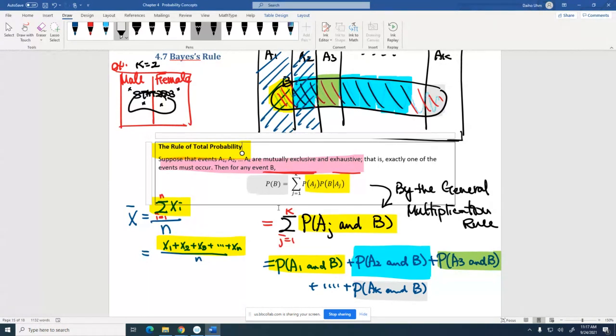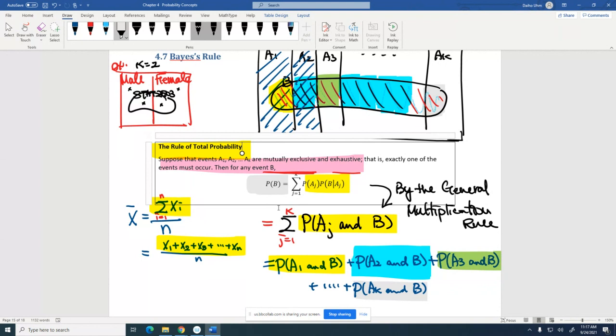Good, right? At the beginning, it looks very ugly, it's complicated, but it's nothing. Already we knew what the general multiplication rule was. So the multiplication will be the joint probability, the joint one, right? It's for each piece by piece, right?